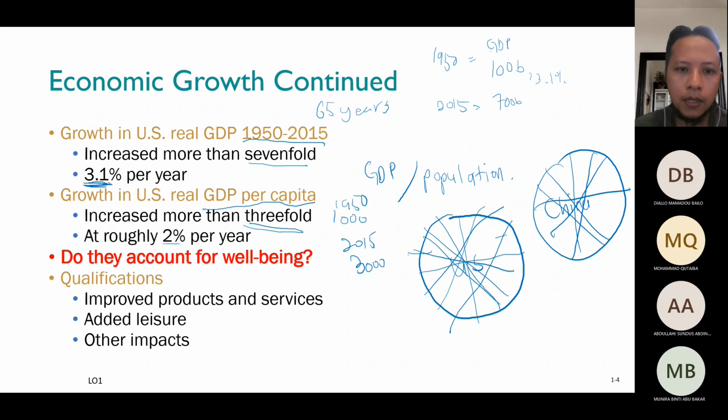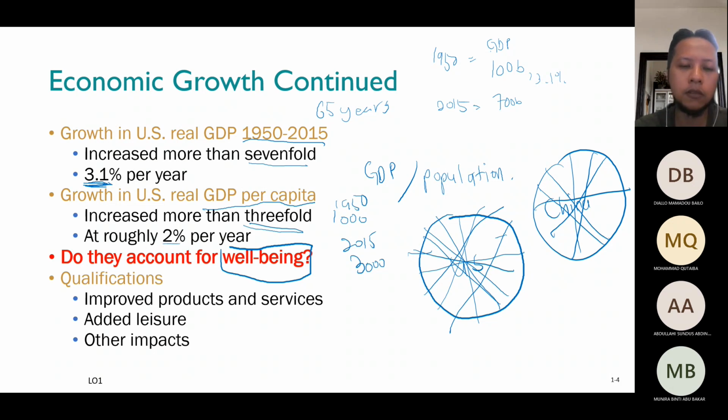Okay, and basically this relates to the concept of well-being as well. Okay, so although the country is growing in terms of GDP, in terms of wealth, right? So if you look at GDP, it is actually also a measure of financial value or wealth, right?